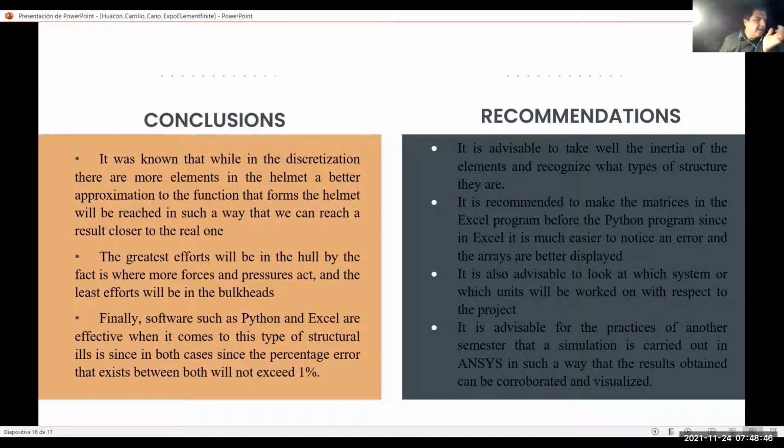No. My question is, in your program, I want you to show me where you have the reactions in the supports in your computer program. The program introduces a TXT with the external forces.